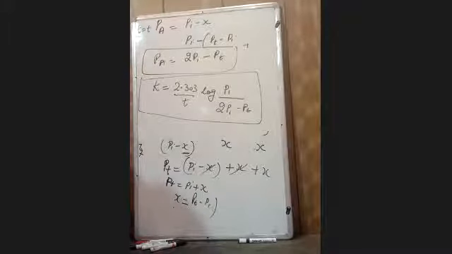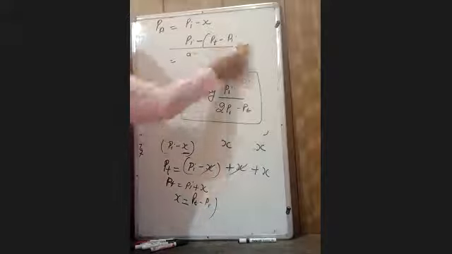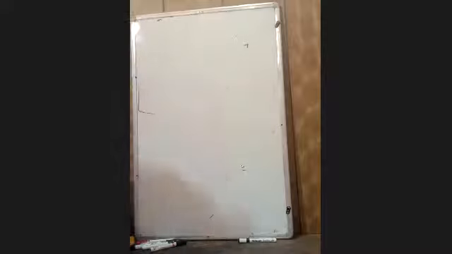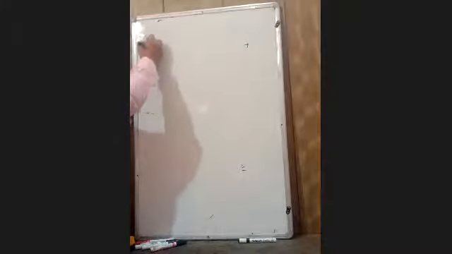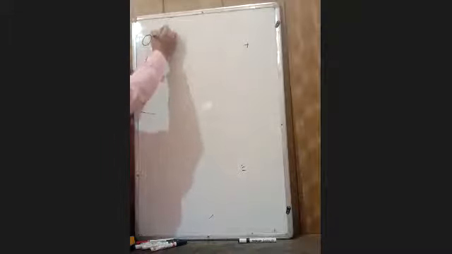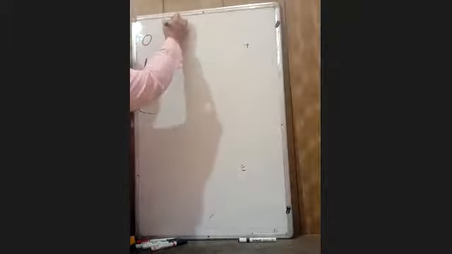Okay. Now take your notebooks and solve one question with me. Before that, just see this table. Suppose it is zero order reaction and first order. What is the differential rate equation for the general reaction R to P?